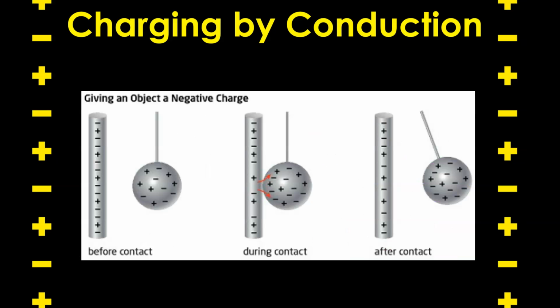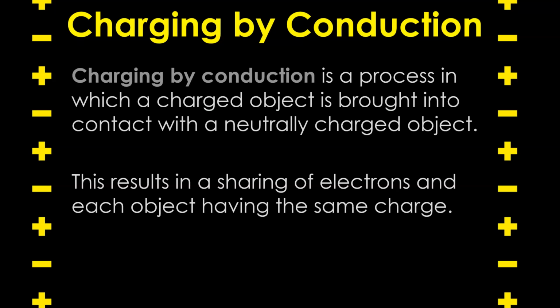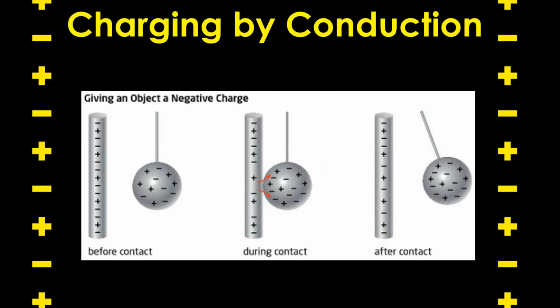Okay, going back to charging by conduction. Charging by conduction is where you eventually have a contact being made by something, and there's a transfer of electrons. So this negatively charged rod is brought close to this pith ball. There's contact made, and the electrons from this negatively charged rod will be transferred into this pith ball, eventually making this pith ball negatively charged as well.